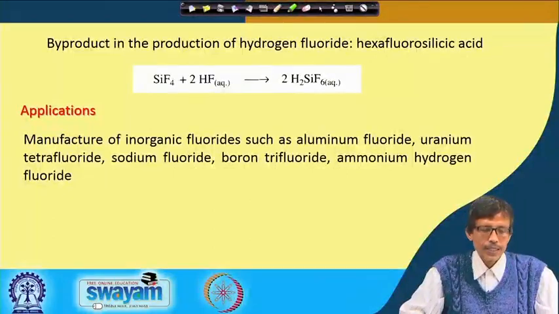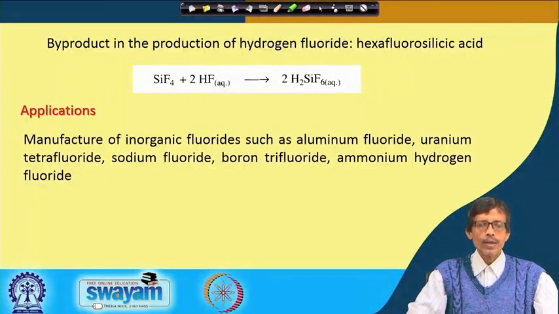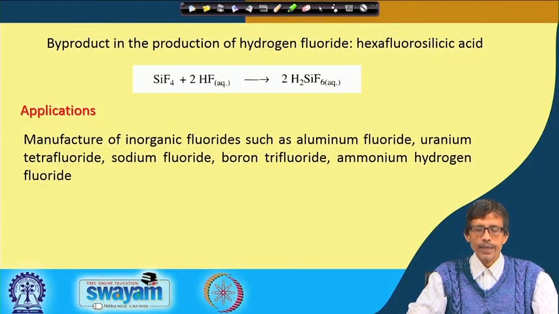One such application is the direct inorganic fluoride making. As we have seen earlier, directly using fluorspar and sulfuric acid we can make aluminum trifluoride or aluminum hexafluoride.